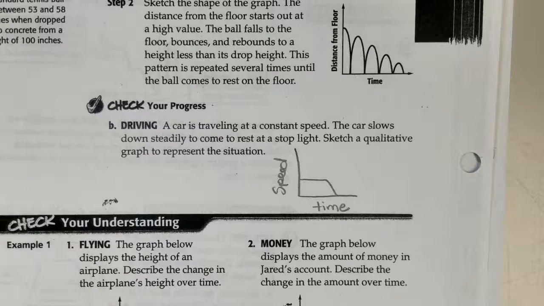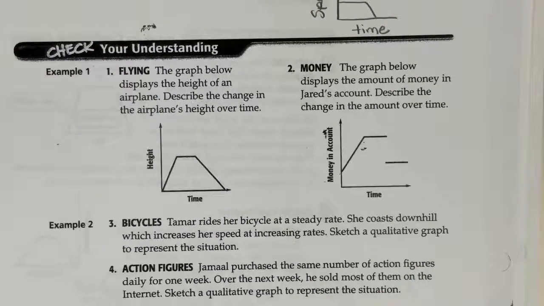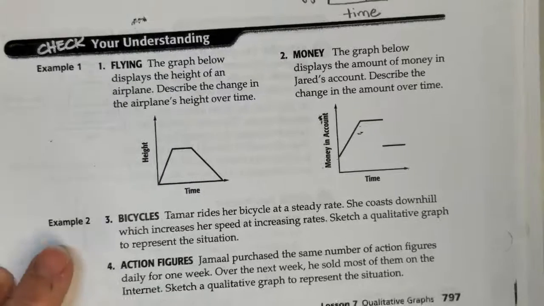Okay? Now let's look at these that are under check your understanding. You're going to have to look at the graph and come up with a story that would match the graph. Okay, and you want to make sure you use those key vocabulary words. So look at this first graph with the flying.